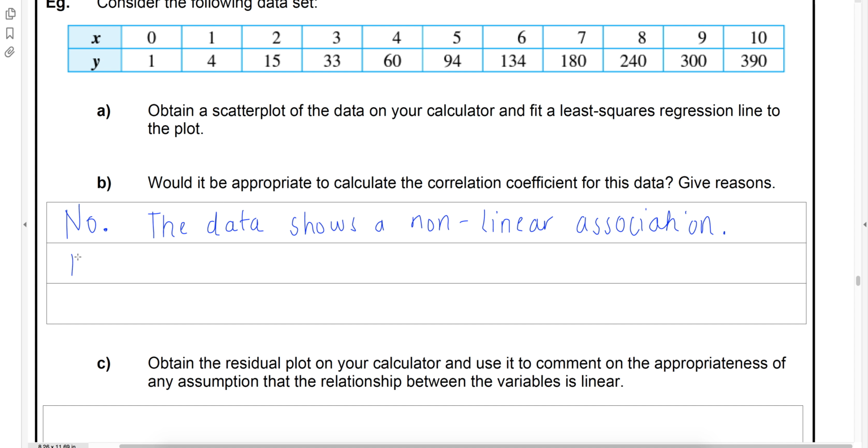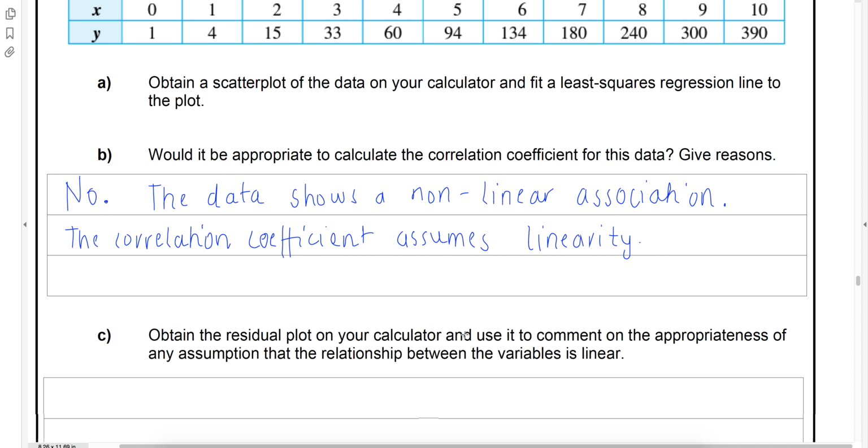So we can say the correlation coefficient, which is what we've been asked to calculate, assumes linearity. So we can use that word. It does assume that the data is linear when we actually calculate it.